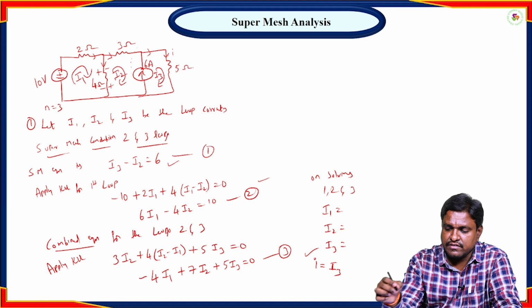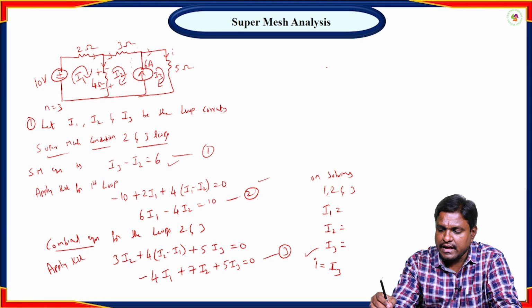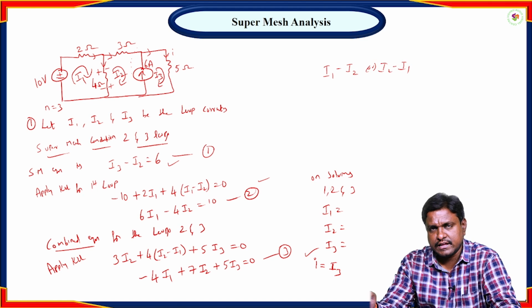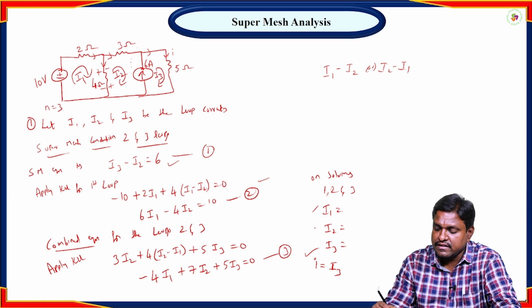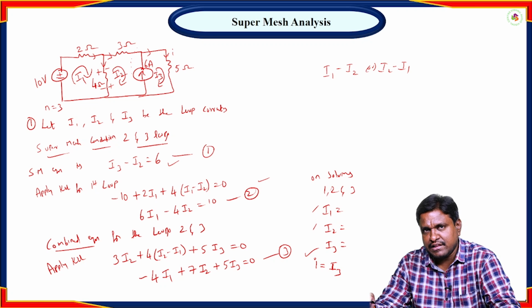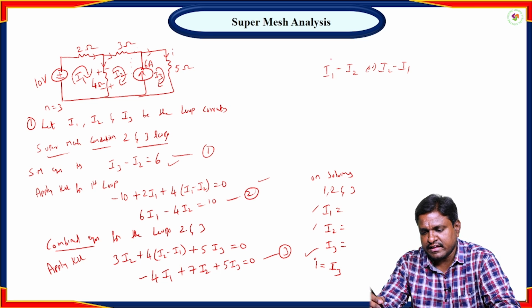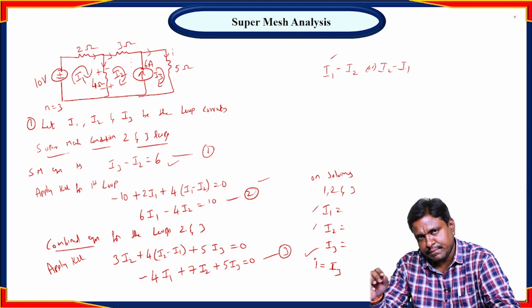With respect to this, we are going to get the value as I1 minus I2, or it can be I2 minus I1. So how to write whether it is I1 minus I2 or I2 minus I1? That depends upon the highest values of the loop currents I1 and I2. If the I1 value is highest, we consider it as I1 minus I2, the current is flowing in the particular direction.